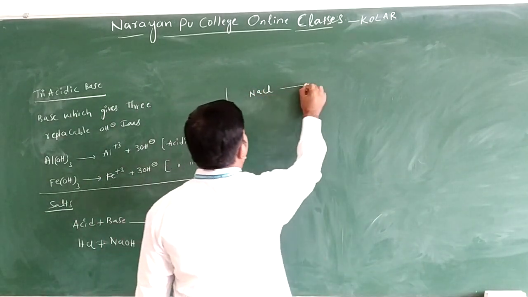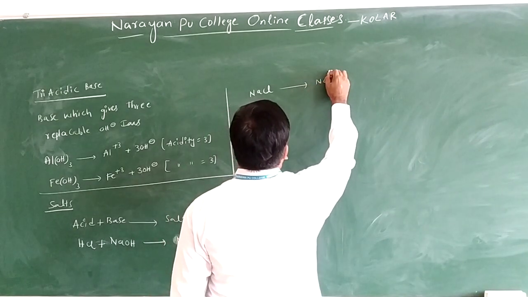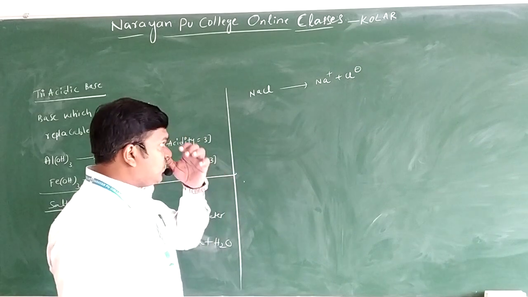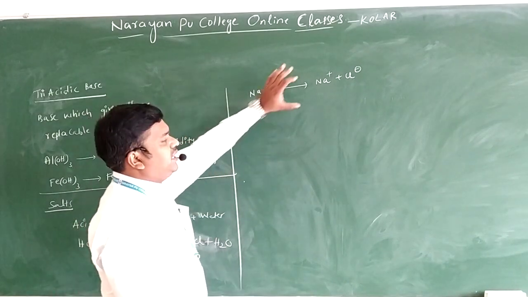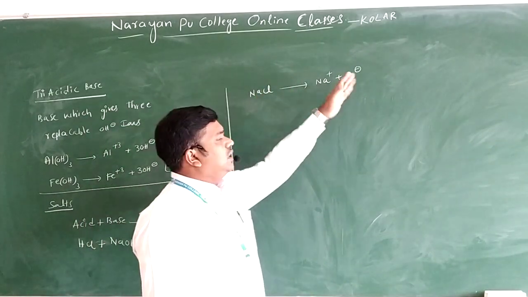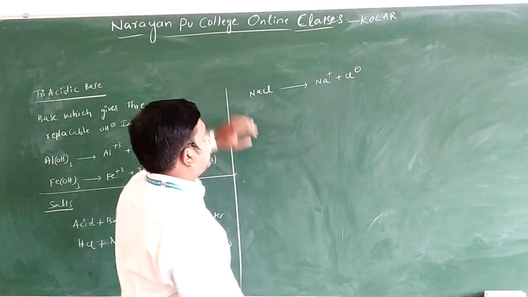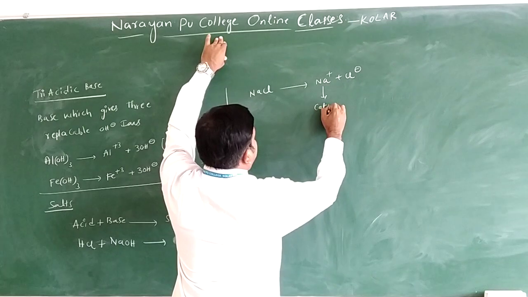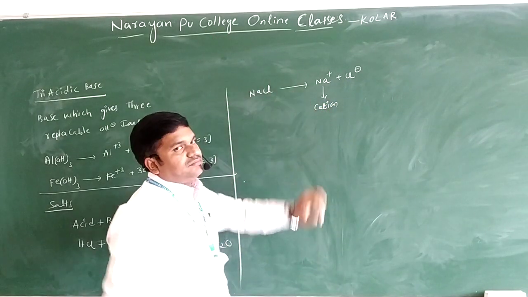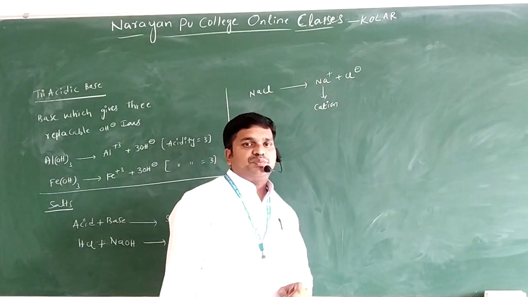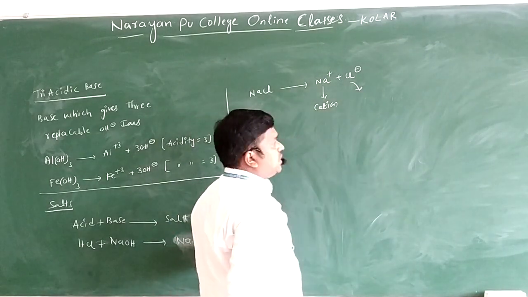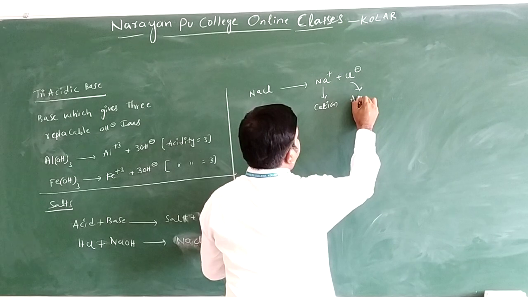NaCl dissociates to give Na plus and Cl minus. Na plus has a positive charge and Cl minus has a negative charge. Na plus we call a cation. The positively charged species we call a cation, and the negatively charged species we call an anion.